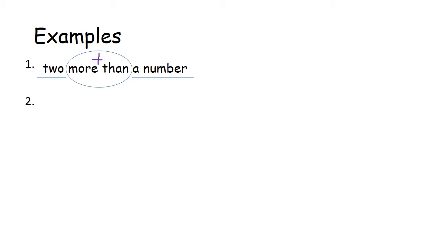Since the number that I'm talking about in this statement is unknown, we can represent it by x, because x is a variable with unknown quantity. So in this case, this statement can be translated into 2 plus x.